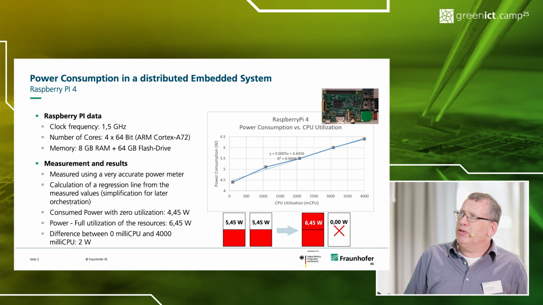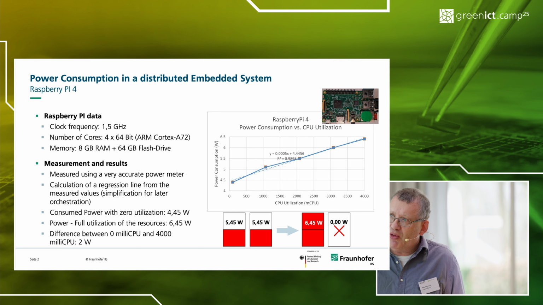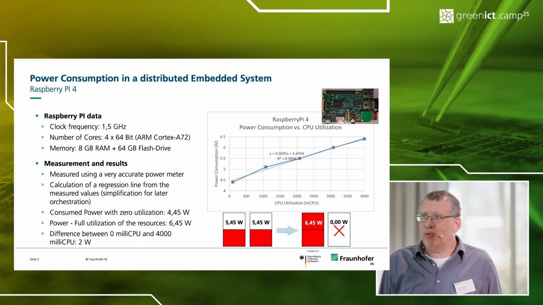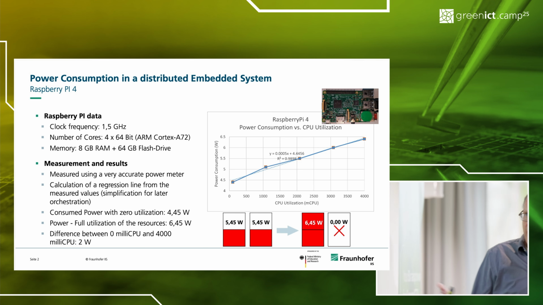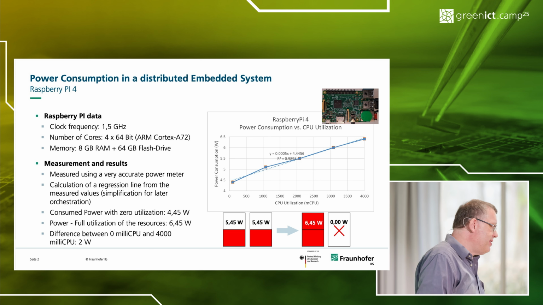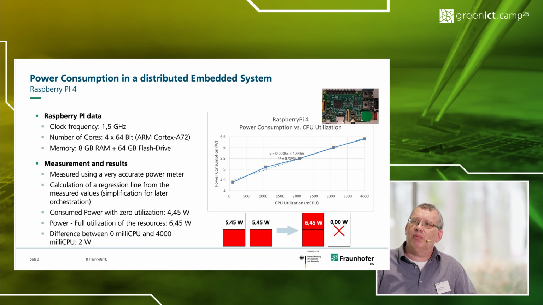I think you know this picture from yesterday. I forgot yesterday to give you information about the units of the x-axis, because this is very important for the energy efficient orchestration. You see here the unit milli-CPU, and milli-CPU means the performance of the processor system.